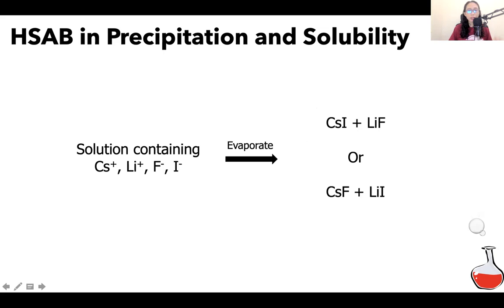So cesium ion is large, therefore it's a soft acid, while lithium ion is a hard acid because it's small. Fluoride ion is a hard base, while iodide ion is a soft base. So, which is more favored? It would be the cesium iodide and the lithium fluoride compounds, because hard-soft interactions are more preferred over the hard-hard interactions.